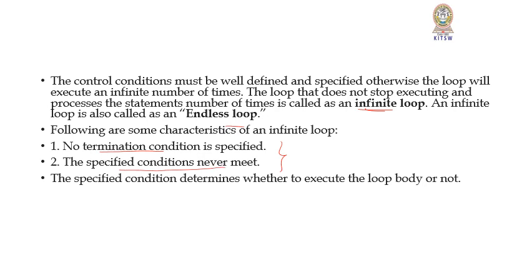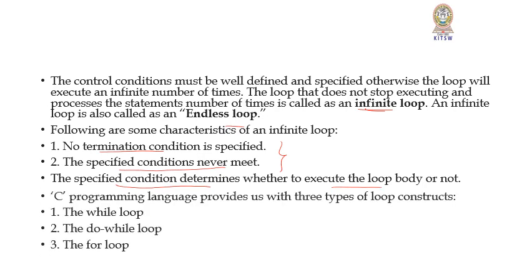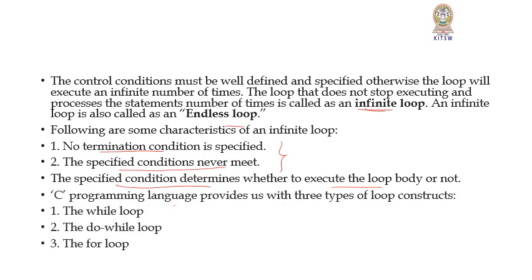In these two cases, the loop goes into an infinite condition. Whenever the condition is written appropriately, the loop will be stopped at some point of time. And any of these loops can go into an infinite loop.